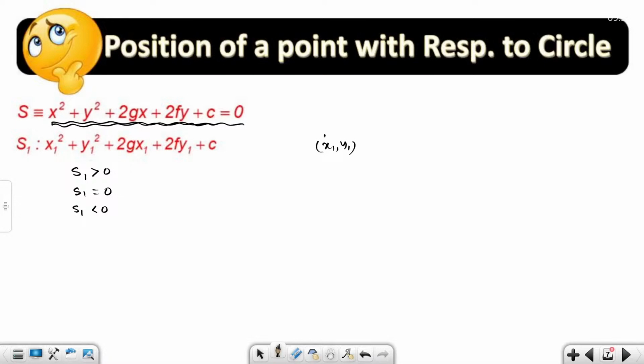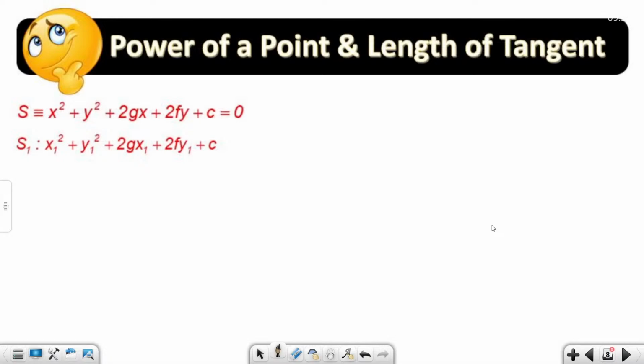Okay. Now this S1 has a special name which is called the power of a point. Power of a point x1, y1 with respect to the given circle, in this case S equals to 0. So in that case we write S1 is nothing but the power of a point.